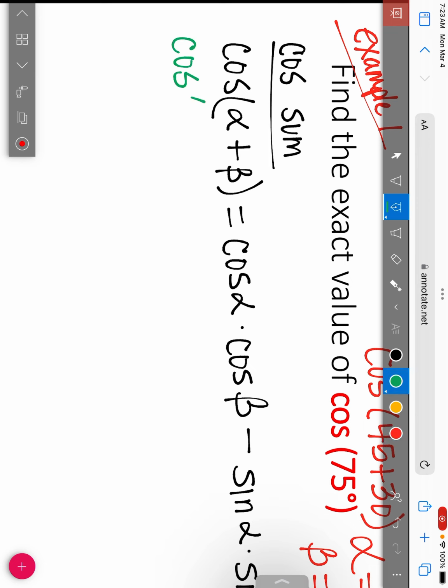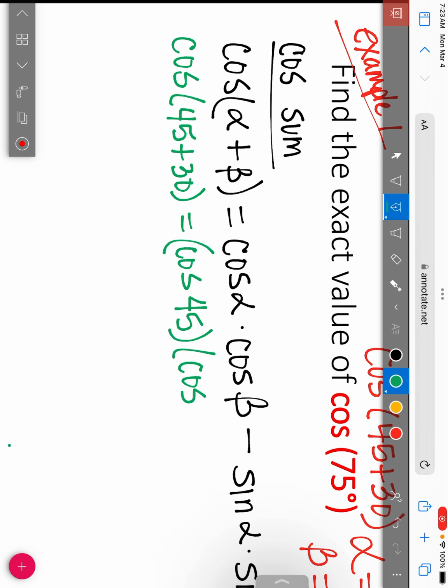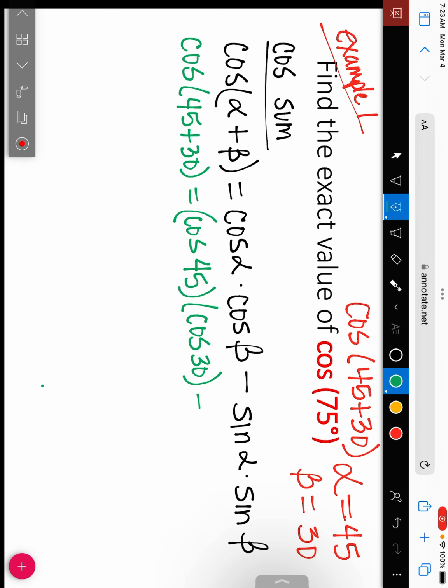I have the cosine of 45 plus 30 equals the cosine of alpha, which is 45, times the cosine of 30, minus the sine of 45 times the sine of 30.